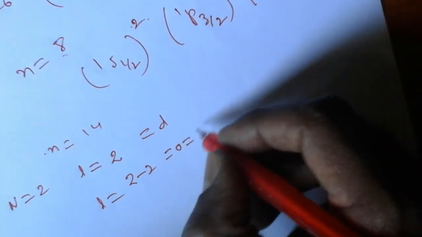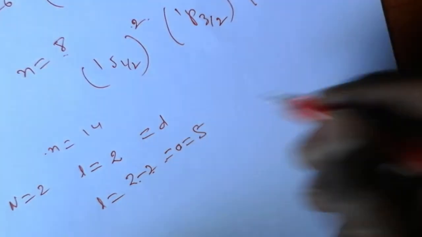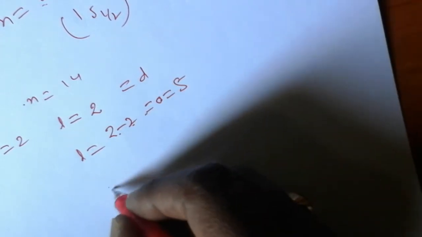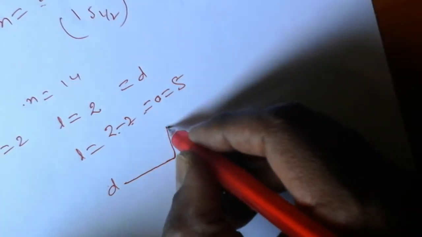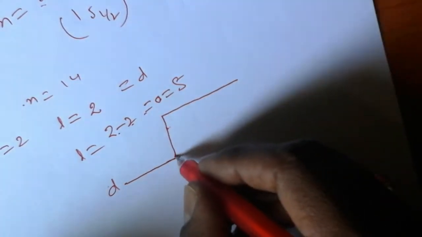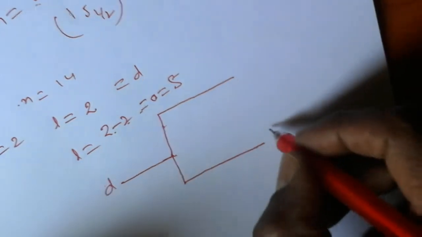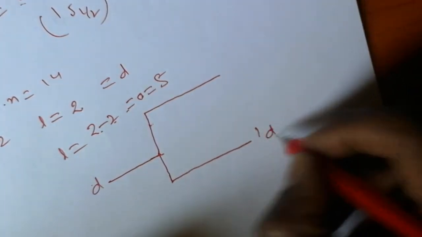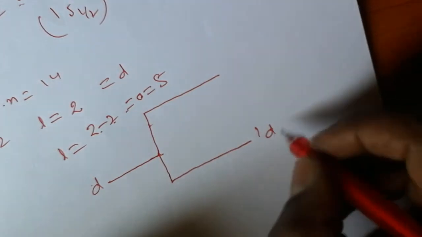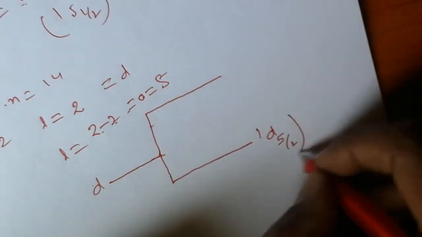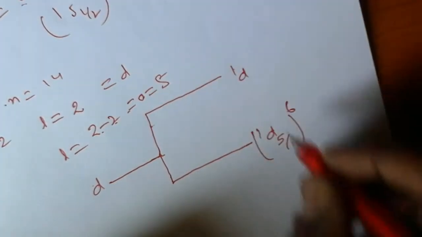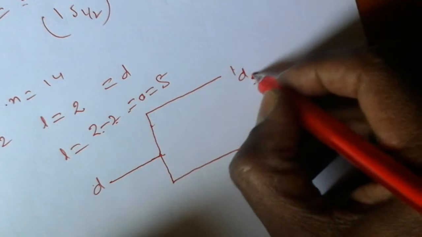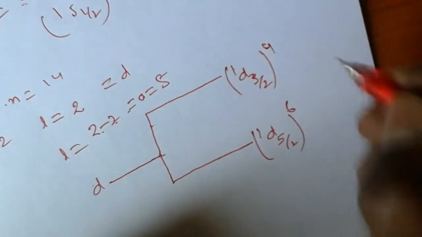So now I can write d, which is divided into two parts: 1d 5/2 to the power of 6, and 1d 3/2 to the power of 4.